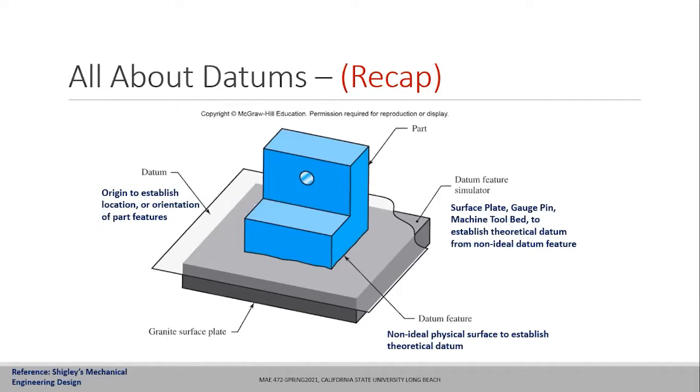So the feature is the bottom surface, and the datum is an ideal, theoretical plane. It is used to establish or reference the dimensions and measure different dimensions. So we are measuring and inspecting the height of the block and performing different measurements using the surface of the surface plate, which will be our datum feature simulator. Those are some of the descriptions we should keep in mind.